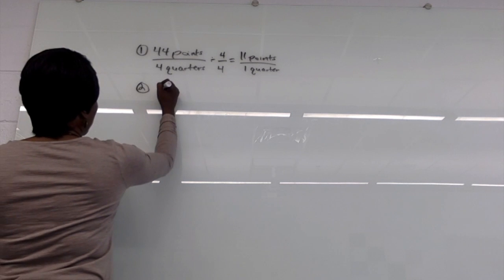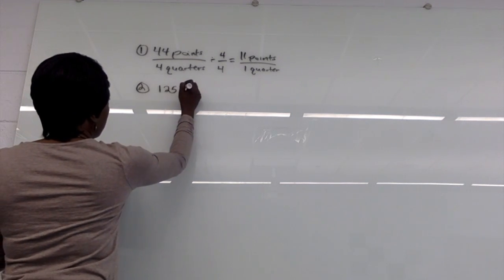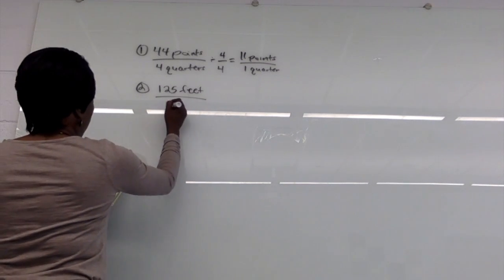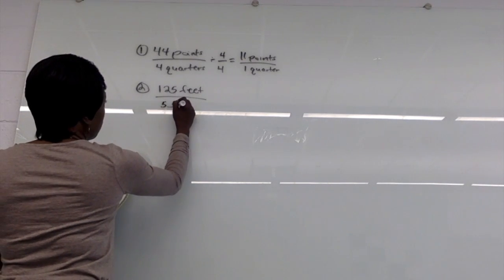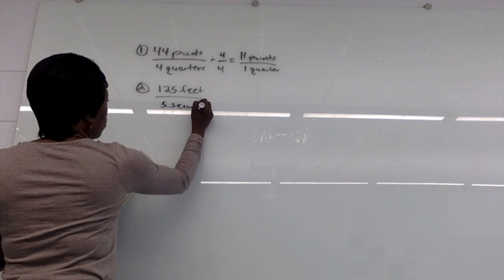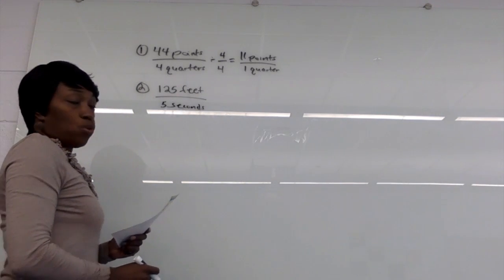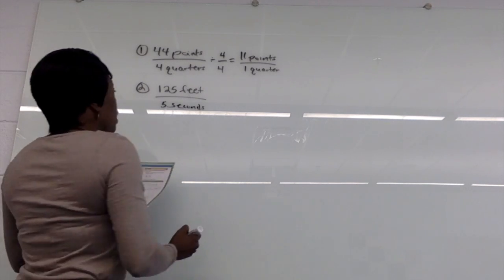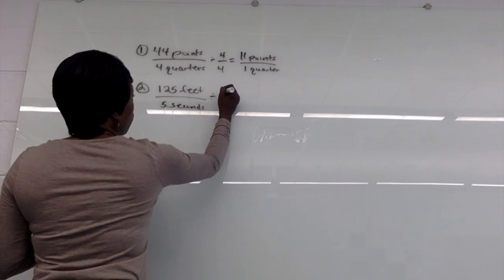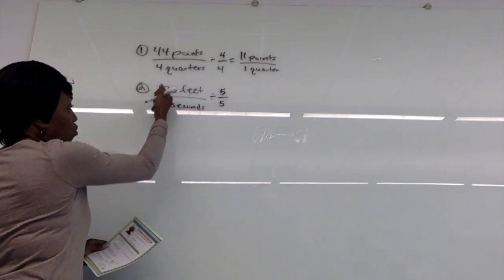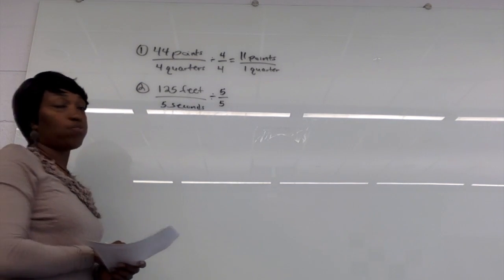Number 2 says 125 feet to 5 seconds. Once again, you want to write this as a rate, keeping the unit with the number. Now we're going to divide our numerator by 5 and our denominator by 5 because that is the greatest common factor between 125 and 5.